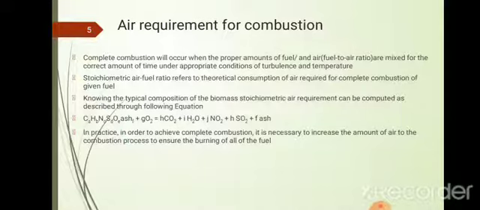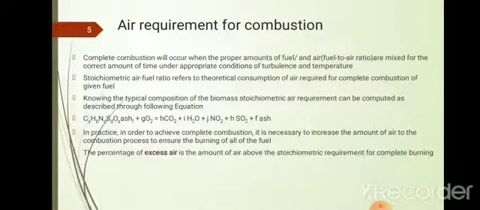But in practice, every biomass particle will not get sufficient air supply due to different practical issues. So we have to additionally give more air, that is known as the excess air. So the percentage of air that we are additionally supplying above the stoichiometric requirement is known as excess air. So theoretically we require only the stoichiometric air supply, but practically we have some difficulties like mixing and turbulence, etc. So all the particles may not get enough oxygen supply.